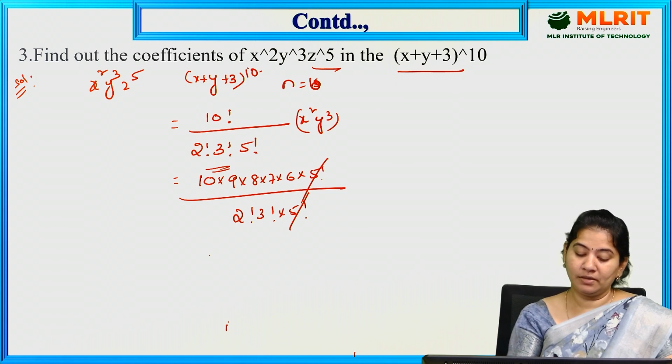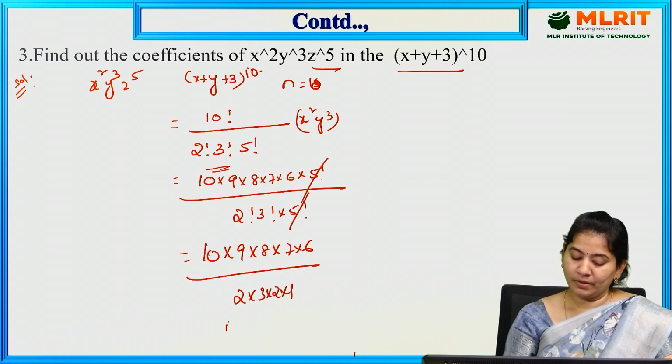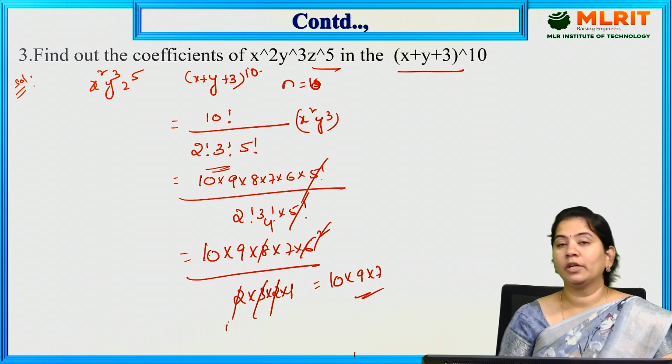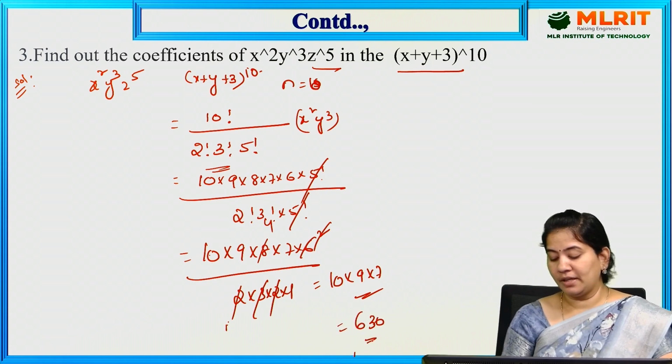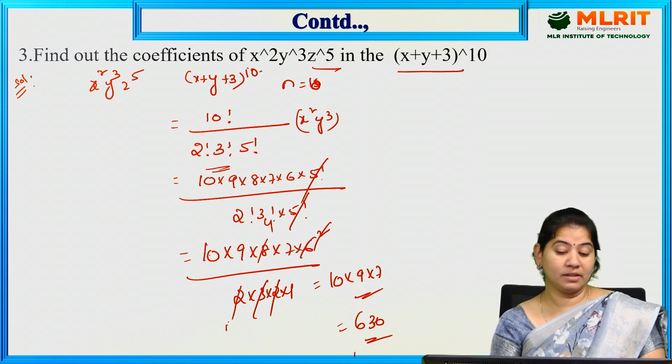So 2 into 1, 10 into 9 into 8 into 7 into 6, by 2 into 3 into 2 into 1. So 3 2s are 6, 2 will get cancelled here. 2 4s are 8 and the leftover answer is 10 into 9 into 7. So whatever answer you are getting, 90 into 7, which is nothing but 630. So like this you have to find out the coefficient in this problem also.